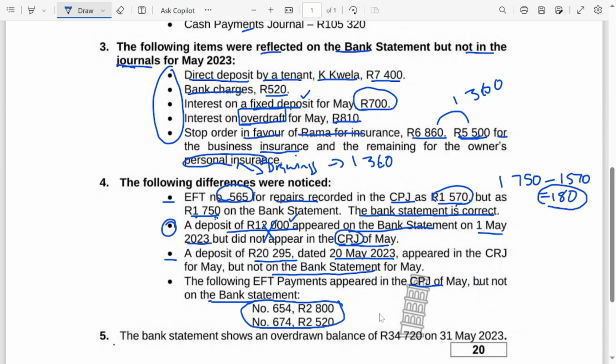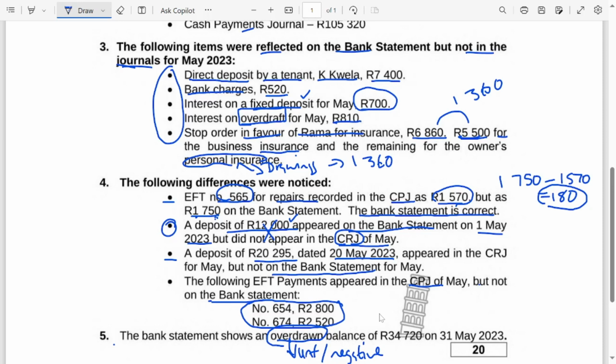Then number 5, the bank statement shows an overdrawn balance. An overdrawn balance means that this is a bank overdraft, so it's an unfavorable or negative balance. For the bank statement, the negative balance must be recorded on the debit side to show that the liabilities are decreasing. Because when the bank looks at us as a business, they look at us as their liabilities, as they are keeping our money.